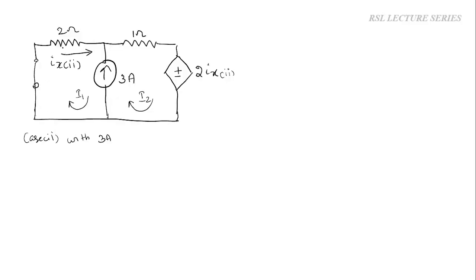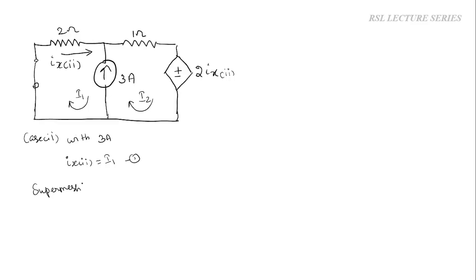Now if you see here, this I1 and this Ix suffix 2 are in the same direction, right? So this Ix suffix 2 can be written as I1. Let this be one equation. Now between mesh 1 and mesh 2, we have the 3 ampere current source, so it is considered as a super mesh.